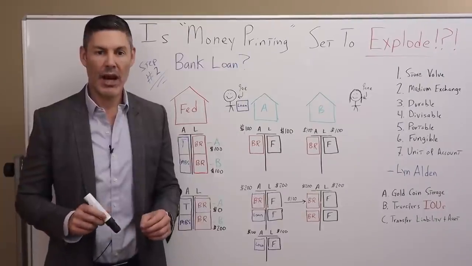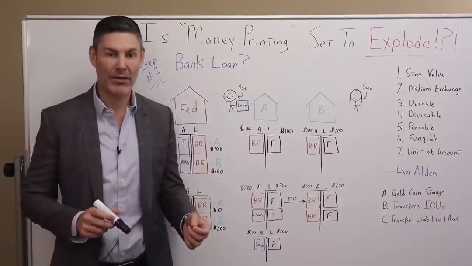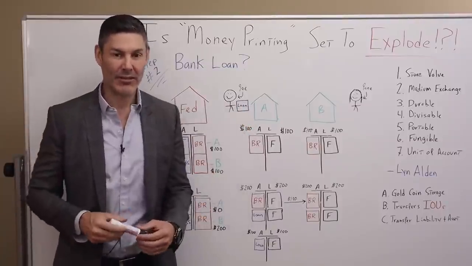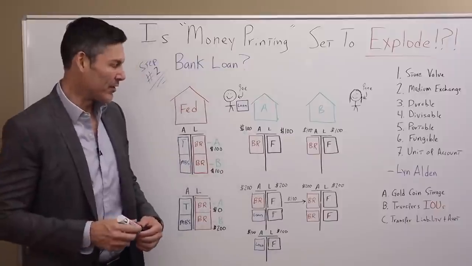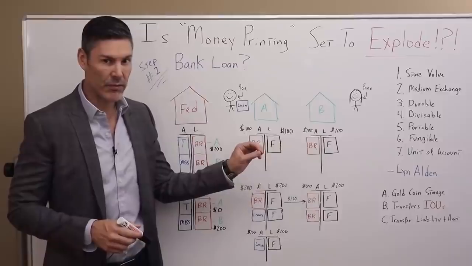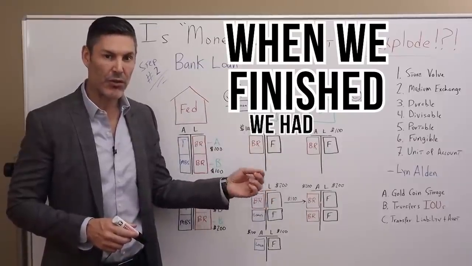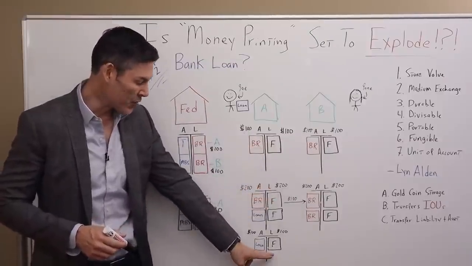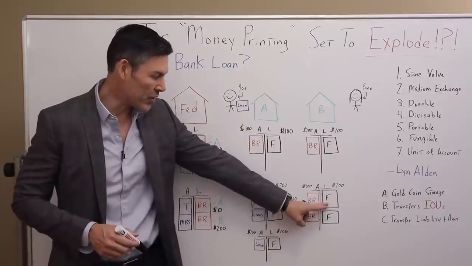You'll notice how many IOUs, liabilities, deposits, fugazis, pixie dust, whatever you want to call them, were in the system to begin with. $100, $100, so $200 total. But when we finished, we had $300, $100 here, and $200 here.